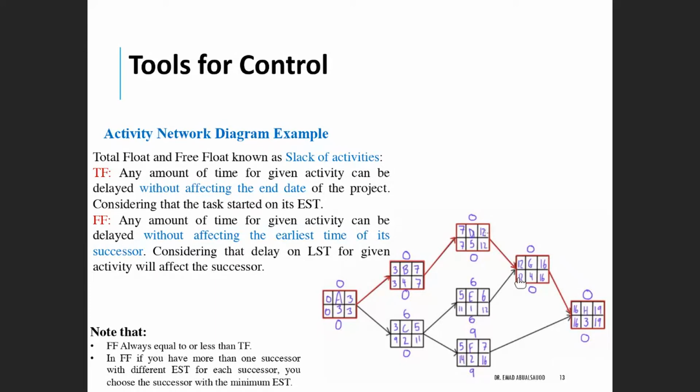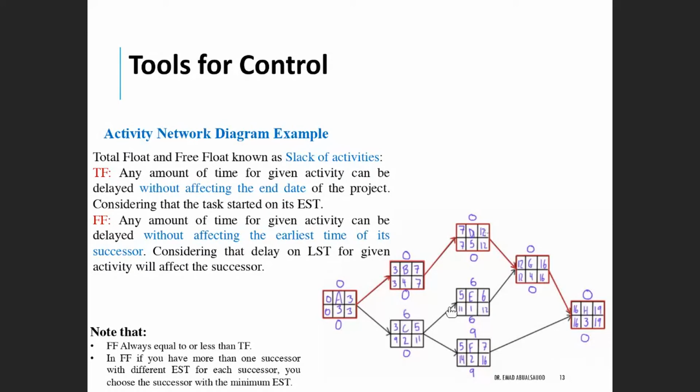Considering that the delay on the late starting time for a given activity will affect the successor. So the late start time, if it was not as here as 11, then this 6 will not be considered.